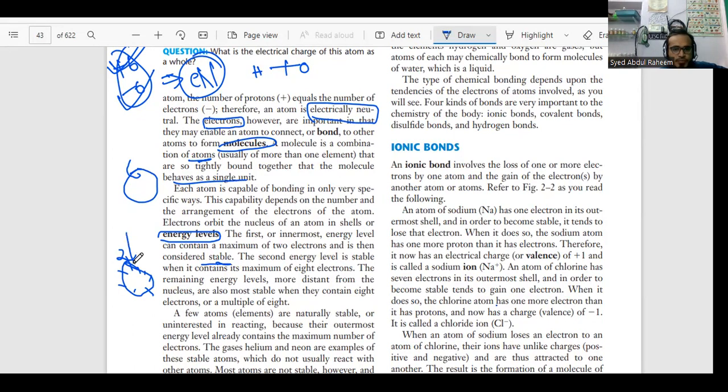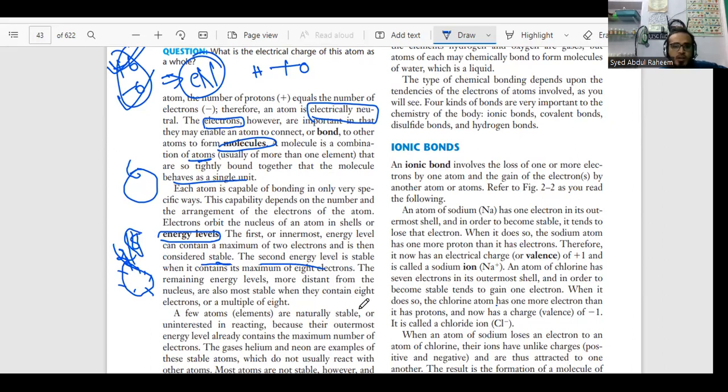If it is 8 electrons, it means it is stable, and we will add it as the second energy level. So if the electrons are 2, then we consider it stable, and if they are 8, we consider the second energy level stable.